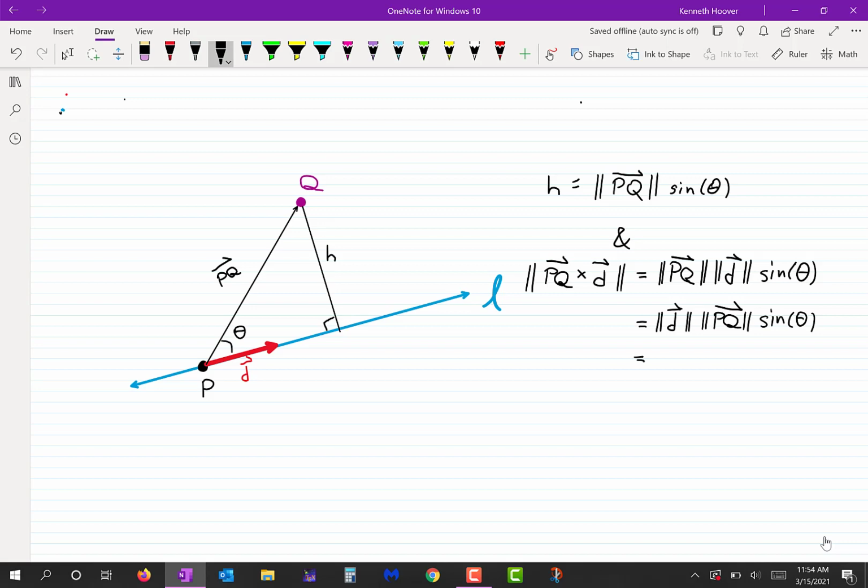So that's the magnitude of D times H. So that means that H equals the magnitude of PQ cross D divided by the magnitude of D. That's how you find the distance from a point to a line.